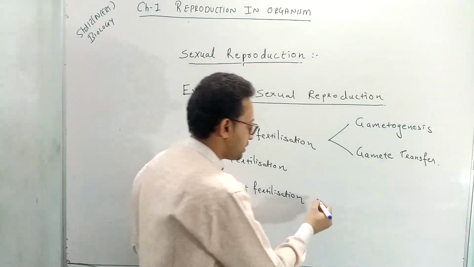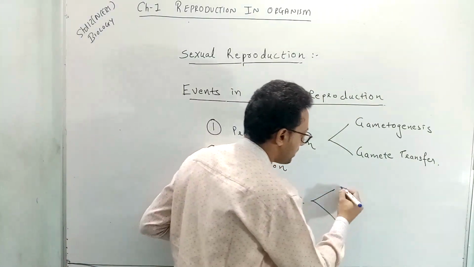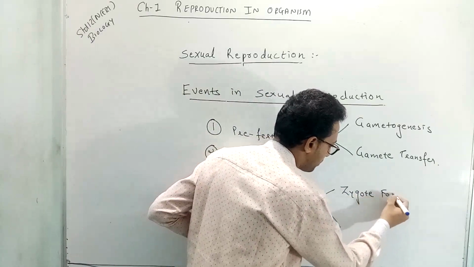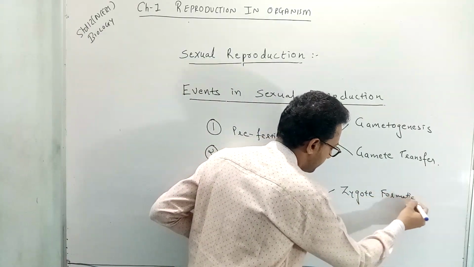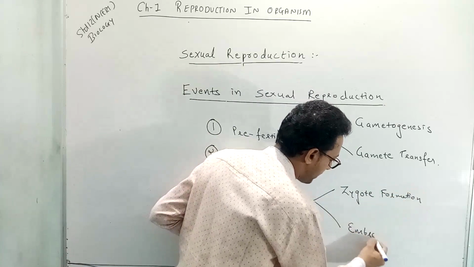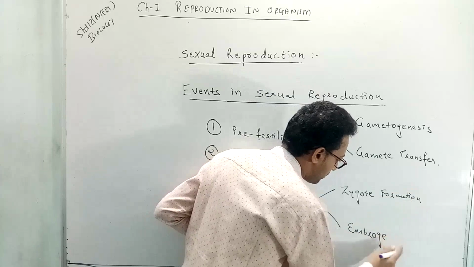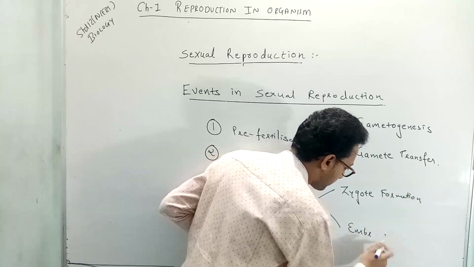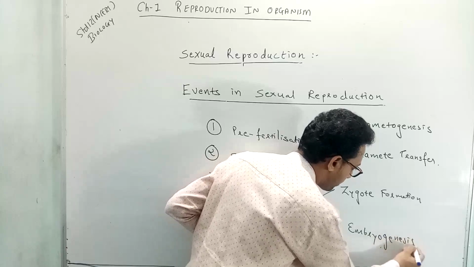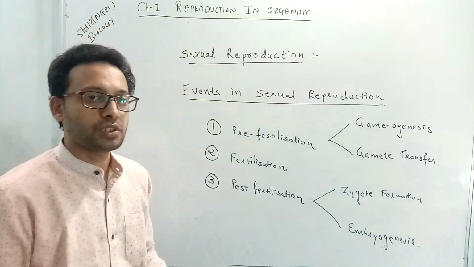And in post-fertilization, after fusion of gametes, there is a formation of zygote. So it's zygote formation. And once the zygote forms, it will grow and there is a formation of embryo, and the process of formation of embryo is called embryogenesis.